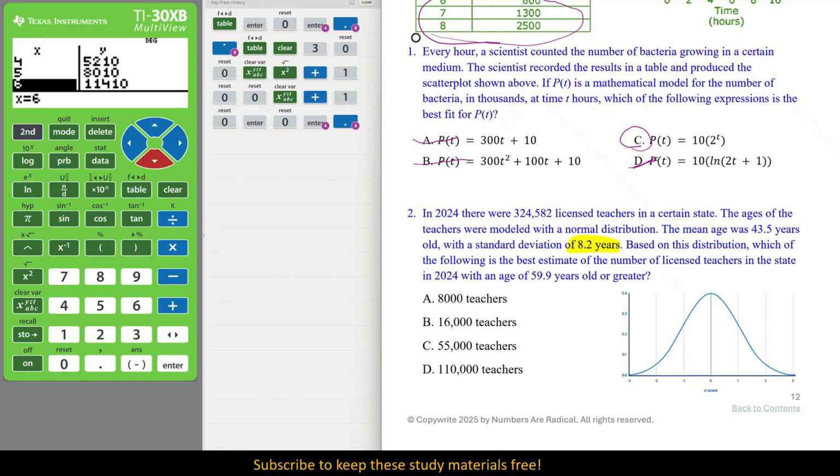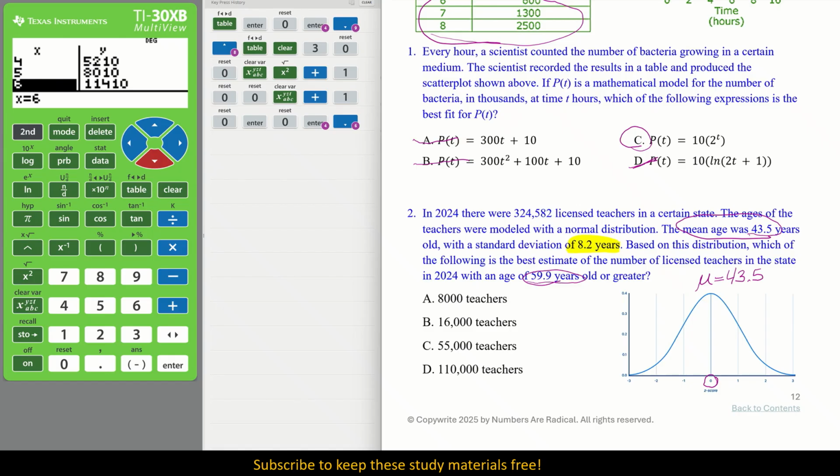We are going to take the given mean and then subtract that from our years that we're focusing on, where we need to measure. So remember, this at 0 is always our mu. And in this case, our mu is 43.5.